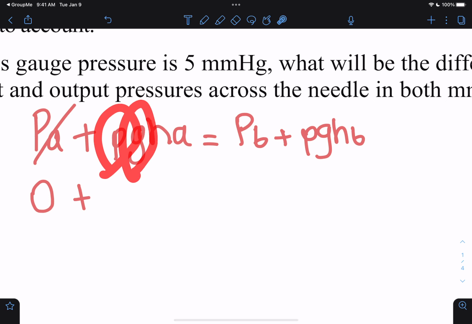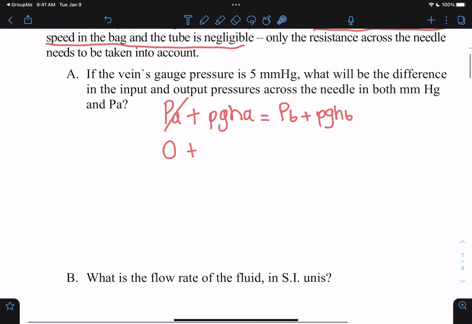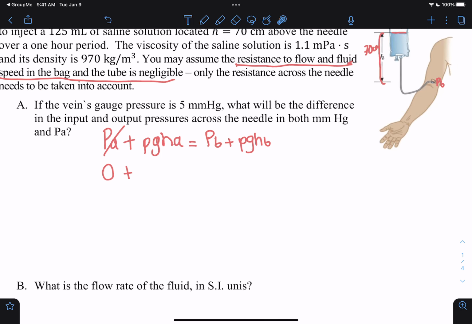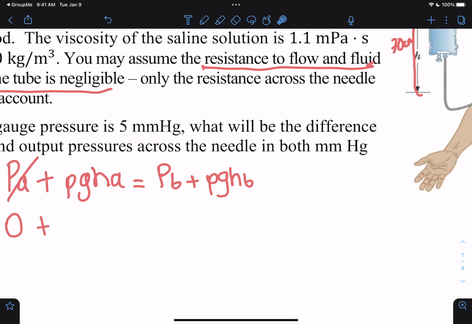So if these are our standard values in meters, in seconds, and kilograms, all your SI units, then your pressure values have to be in SI units as well. And so for SI units, we use pascals, right? Now, that means we're going to have to convert from 5 millimeters of mercury to pascals, right?